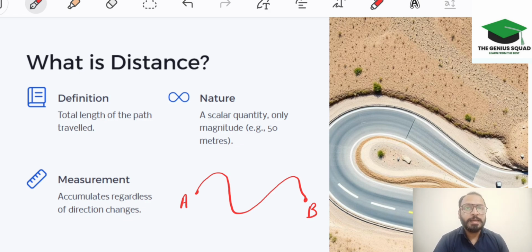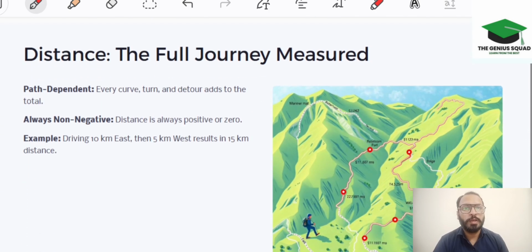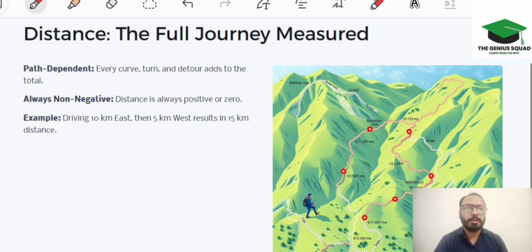Second thing, it is a scalar quantity because it does not get affected by the direction. It only has magnitude. Now it is path dependent. What does path dependent mean? Every curve, every turn that you take affects the length of the distance.